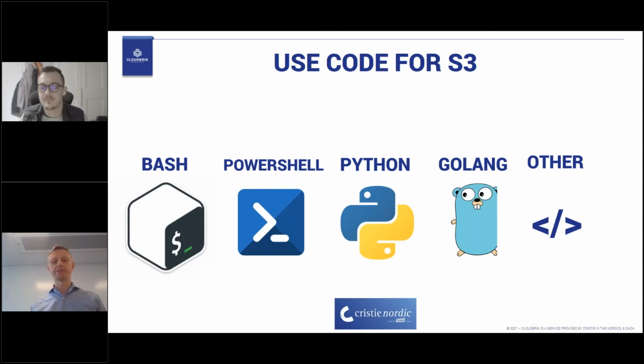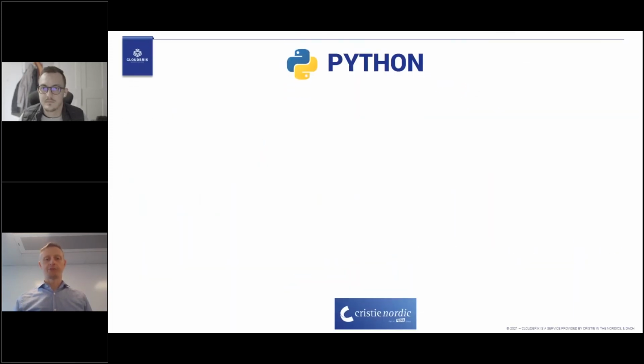There are a lot of different languages out there that can use S3, and most of them already have modules written that can basically be imported and used. And if we're looking, for example, at Python, which I normally develop in, and I like Python, it's very simple to work with.